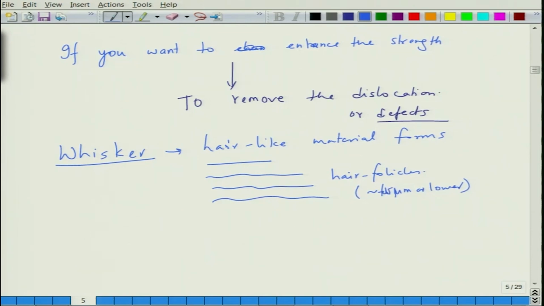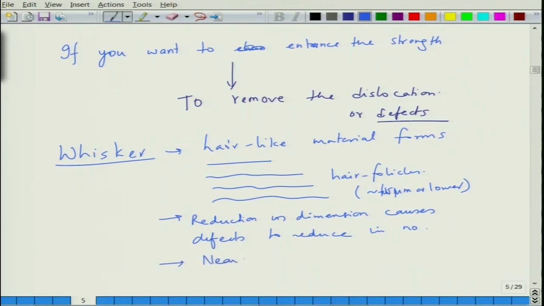When you reduce the dimensions of a material to this small, the reduction in dimension causes defects to reduce in number. As a result, whiskers are nearly defect free. You can say it is basically a defect free crystal.